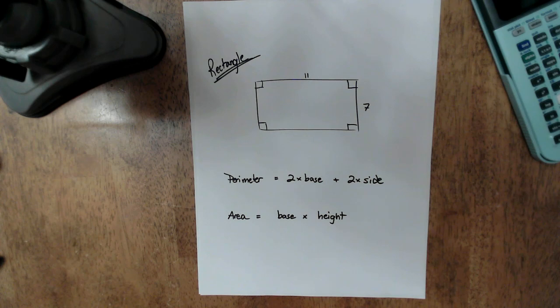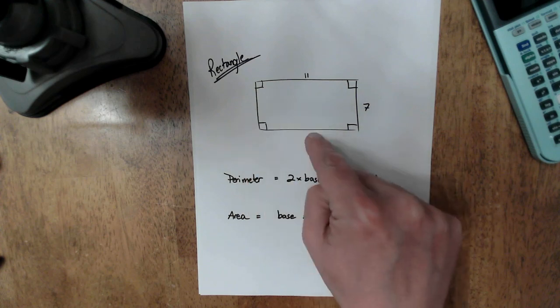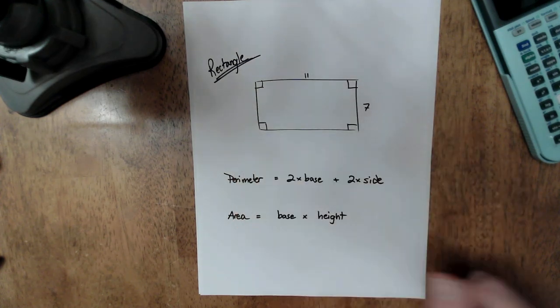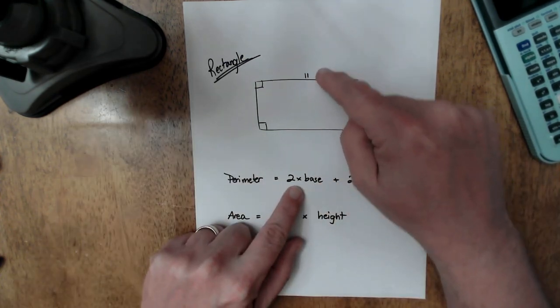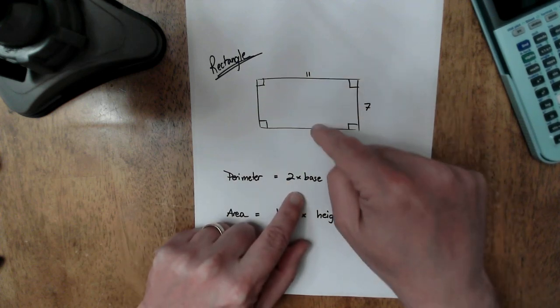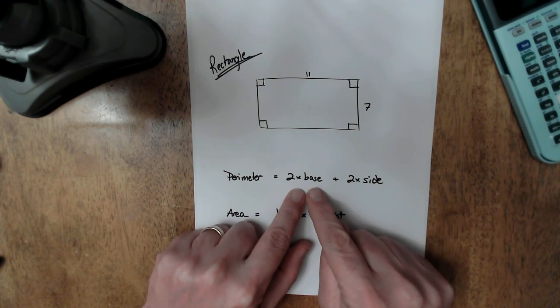We're going to start with this one because, like I said, this is probably the first one you ever calculated. And if you remember, the way you find the perimeter is you count up the lengths of all the outside sides and add them together. So we're going to have two of these. Let's start with the base, which would be the largest piece. The base would be 11. So 2 times the base, 2 times 11, that would be 22.